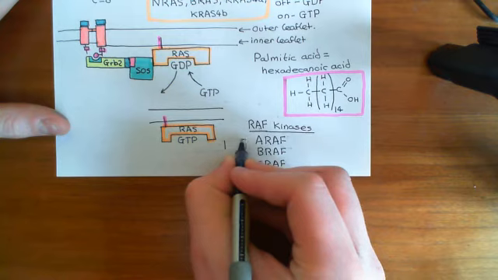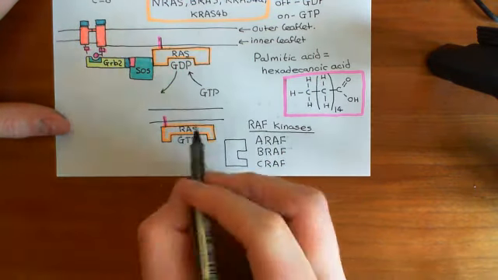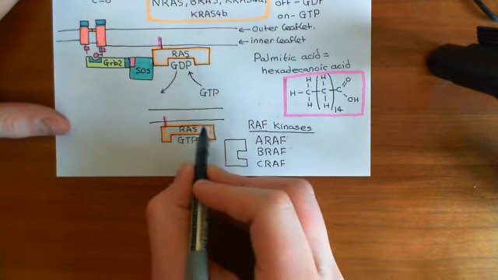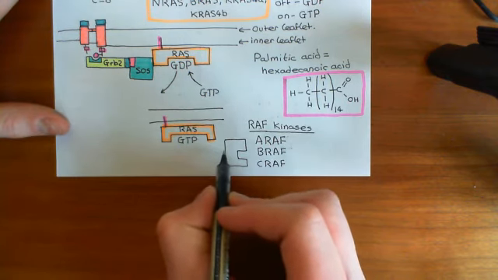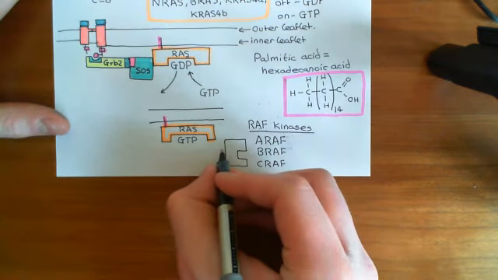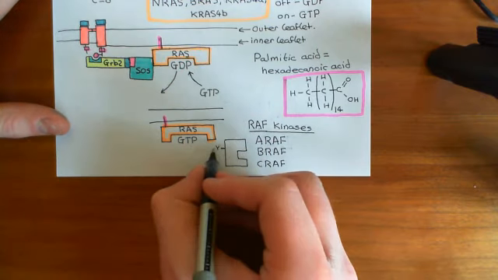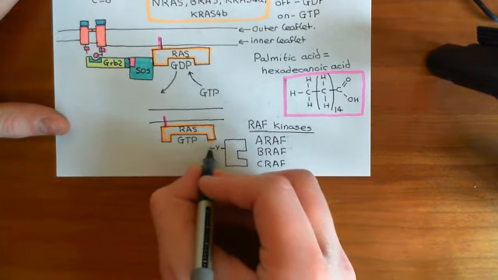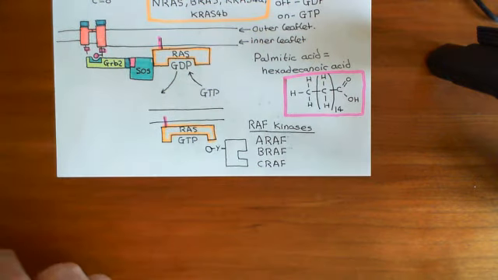Okay, and what happens is, this isn't fully understood, but the Ras monomeric G protein, which is in the on state, is going to lead to the phosphorylation of a tyrosine residue within our RAF kinase. Okay, so here is a tyrosine residue within our RAF kinase, and basically it gets phosphorylated. Okay, and it's not fully understood how this happens.